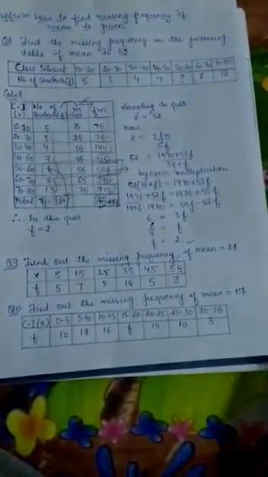This is the only difference, other calculations remain the same. For discrete series you don't need to find m, because I have told you already that in continuous series, and in mean only, you need to find m, not in median, not in mode. These are your homework questions.